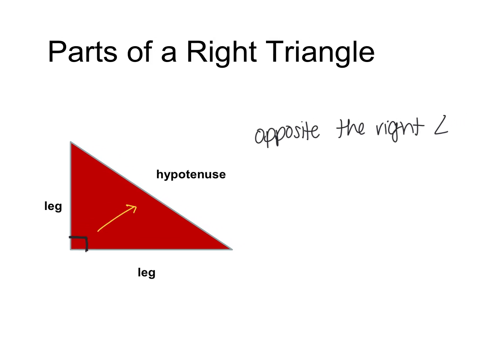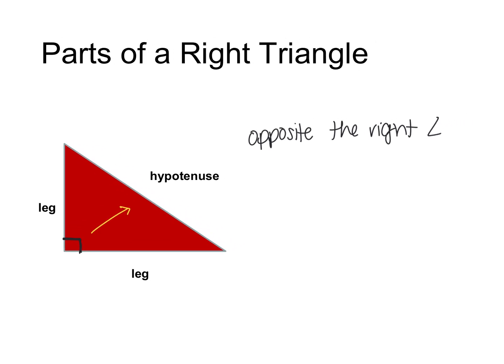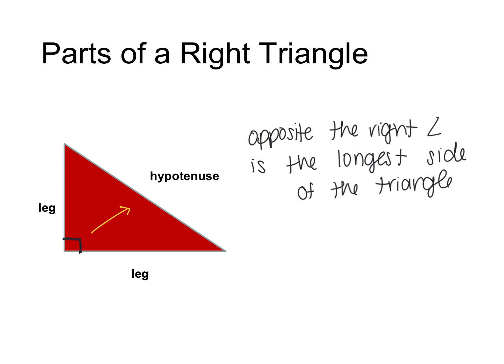Okay, and you should also know that your hypotenuse is the longest side of the triangle. So your hypotenuse is the longest side. And again, it is opposite of your right angle.